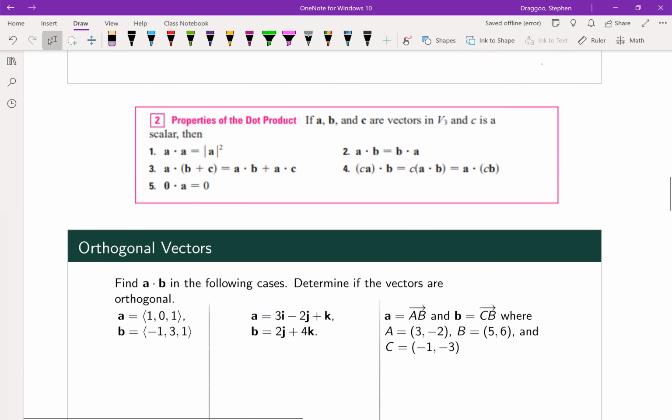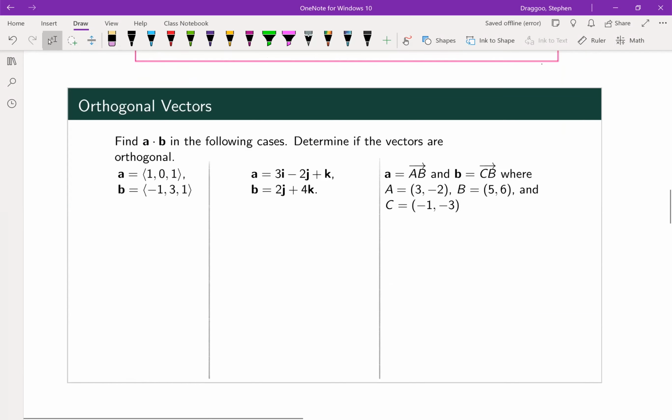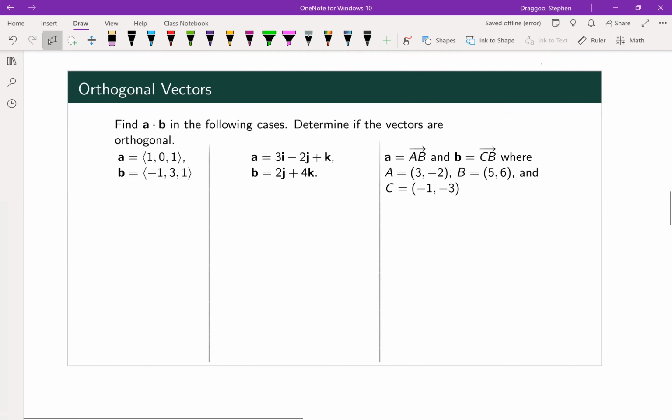All right, and let's take a look at some examples then with this dot product. So we're going to calculate the dot product between A and B in each of the following cases, and then based on that dot product, determine if those vectors are orthogonal. So starting with the first example, I want to take the dot product of those two things. So I'm going to start by multiplying the x values together.